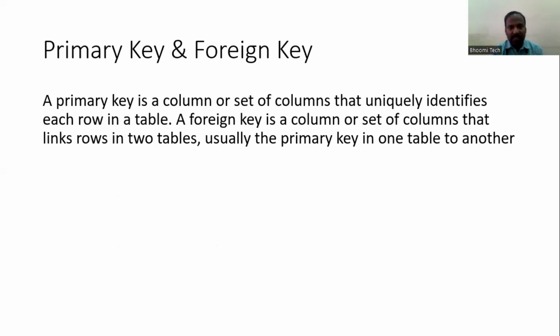A primary key is a column or set of columns that uniquely identifies each row in a table, and a foreign key is a column or set of columns that links the rows in tables. Usually the foreign key references the primary key in another table. To understand these better, let's go back to our workbench.